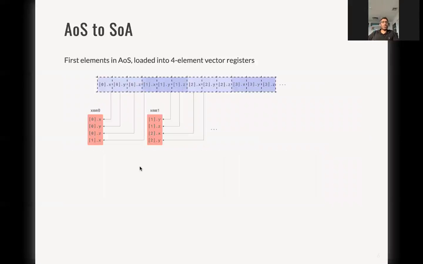So just to give you a picture of what this looks like. In the original layout, you had an array in which each element had X, Y, Z. Basically how this was laid out in memory was that the first element would be this lighter blue here. So that would be element 0, component X, element 0, component Y, element 0, component Z, and then the darker blue here is the next element, so element 1, component X, element 1, component Y, and so on.